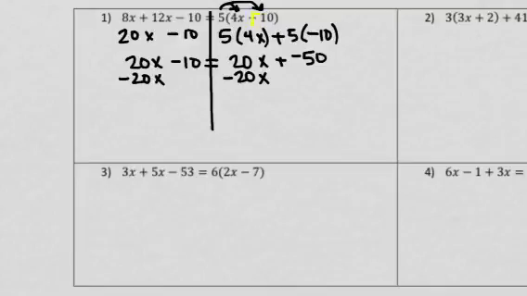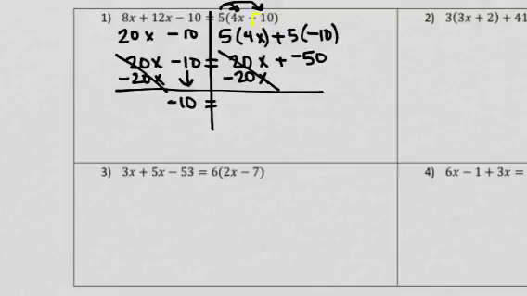And here I notice that something weird happens. 20x minus 20x cancels on both sides. So this drops down to be -10, and this drops down to be -50. So we have -10 equals -50, which is not true. So if we have a false statement at the end, we would say there is no solution.